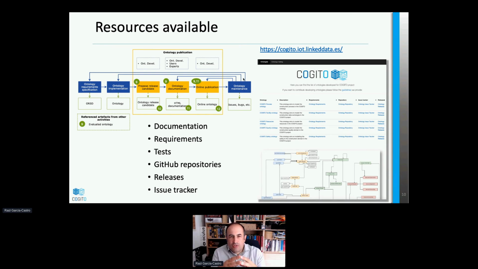Okay, so if you go to this URL in COGITO IoT linkeddata, you can see the COGITO ontology portal where you can download all the artifacts that are related to the development, from the documentation of the ontology to the requirements, figures, tests. You can check all the versions of the ontology. They are stored in GitHub repositories. We have issue trackers for them and so on. Okay, so we centralize everything there, and they are ontologies that are openly available.